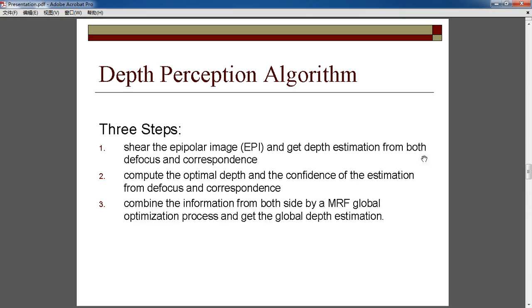The second step is computing the optimal depth and the confidence of the estimation from defocus and correspondence. In the third step, we combine the information from both sides by an MRF global optimization process and get a global depth estimation.